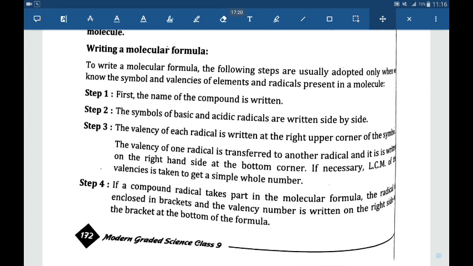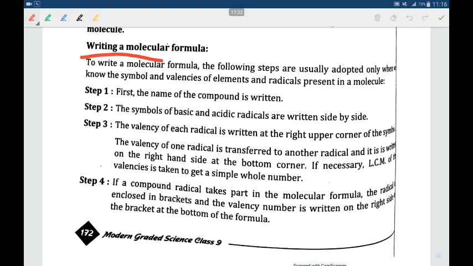Students, now let's discuss the next thing. What is that? Writing a molecular formula. How to write a molecular formula. How many steps are given? Here 4 steps are given. Number 1, first is written. Number 2, the symbols of the basic and acidic radicals side by side.